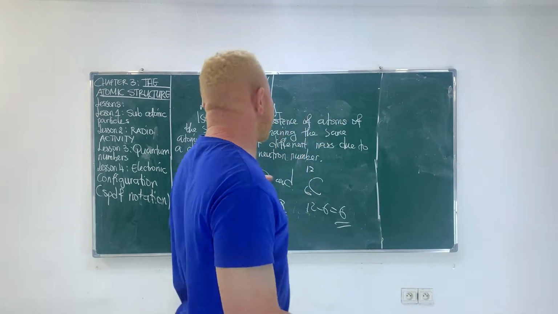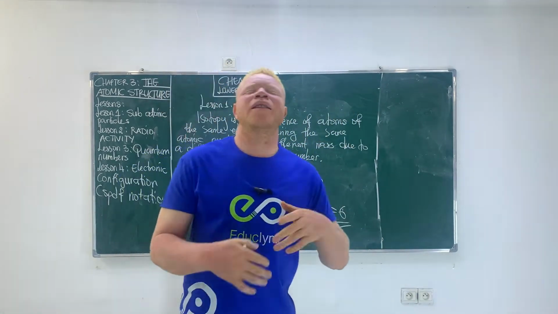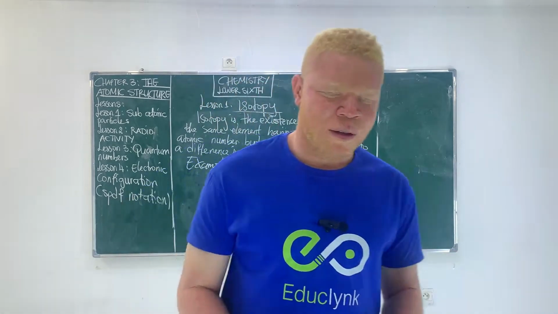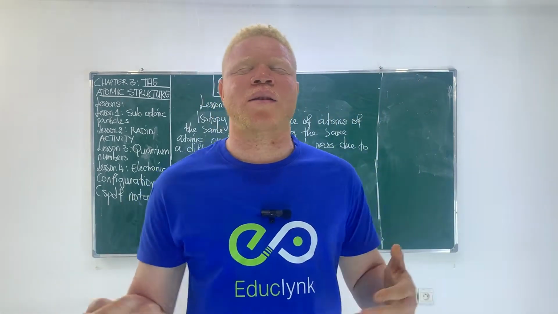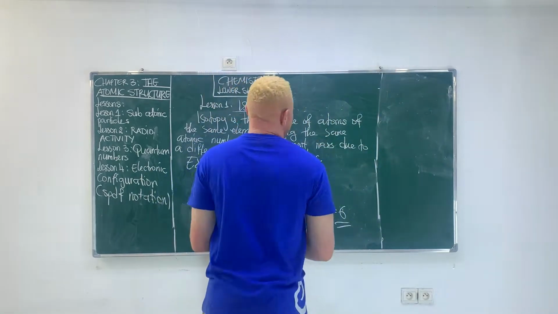So we can calculate the RAM, the relative atomic mass, if and only if there exist different isotopes. So if there are different isotopes, we can calculate the RAM. So we're going to give a formula.